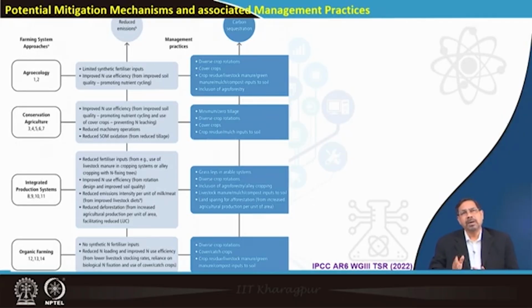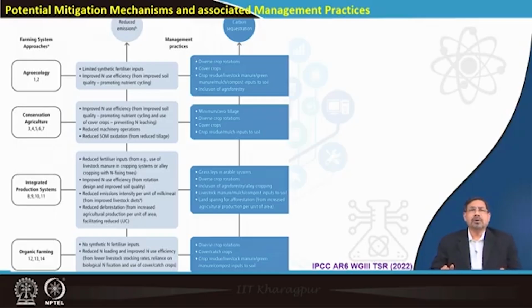Look at the middle and right hand side columns, and you will get to know that these activities contribute towards reduction in emission, and the extreme right side shows that these activities contribute towards higher sequestration of carbon dioxide. So, these two fall under the various management options on offer.